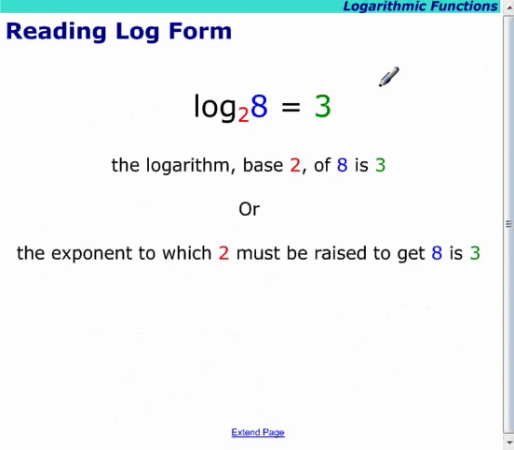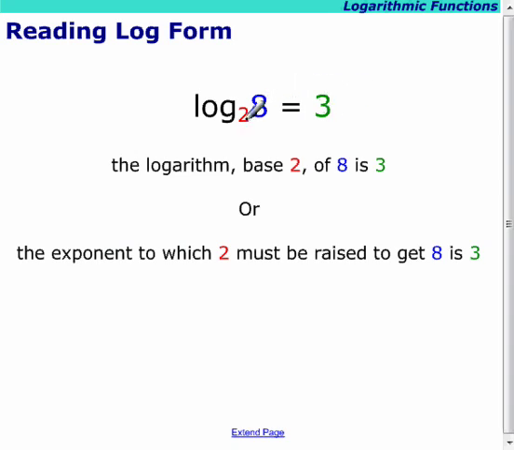So here's how we can read them, and we've done a little bit of this already. The logarithm base 2 of 8 is equal to 3. That's the official way to say it. Or we can also say this: the exponent to which 2 must be raised in order to get 8 is equal to 3.